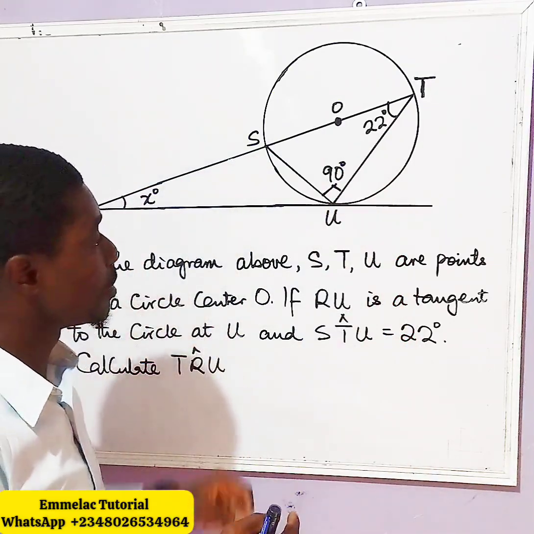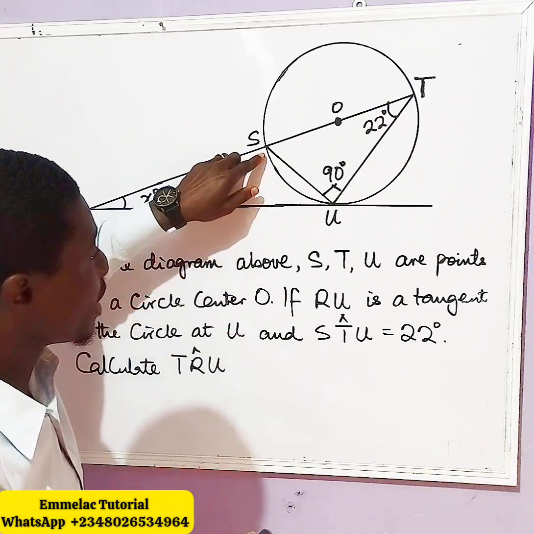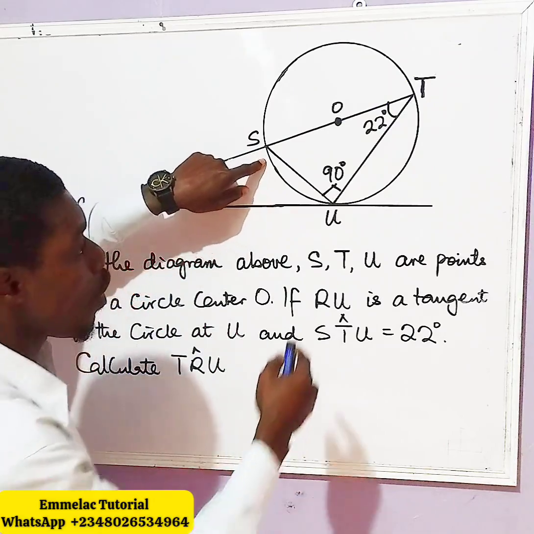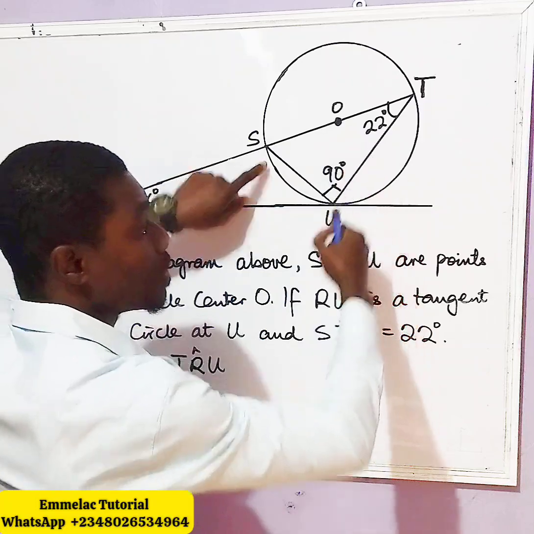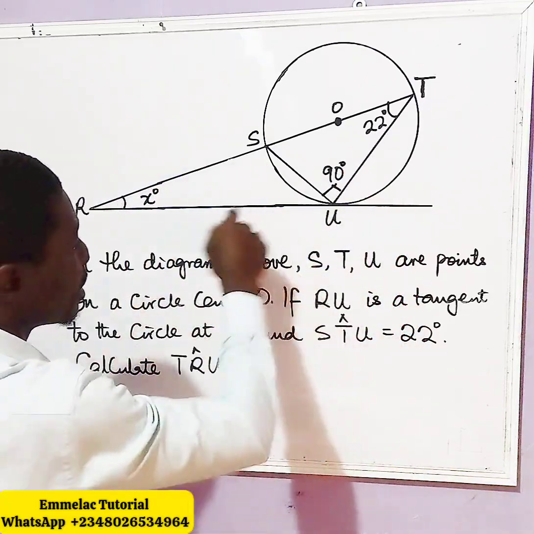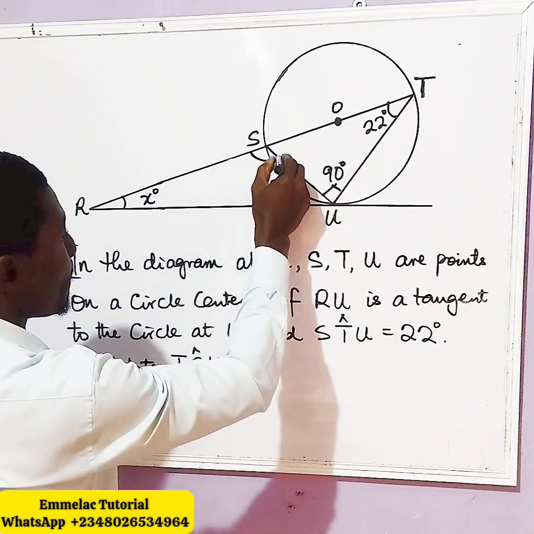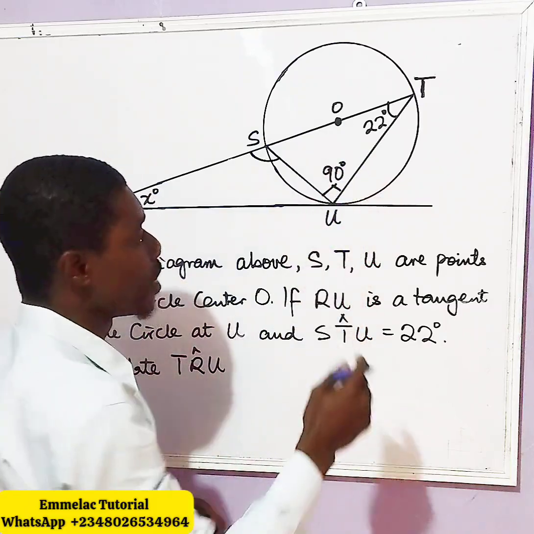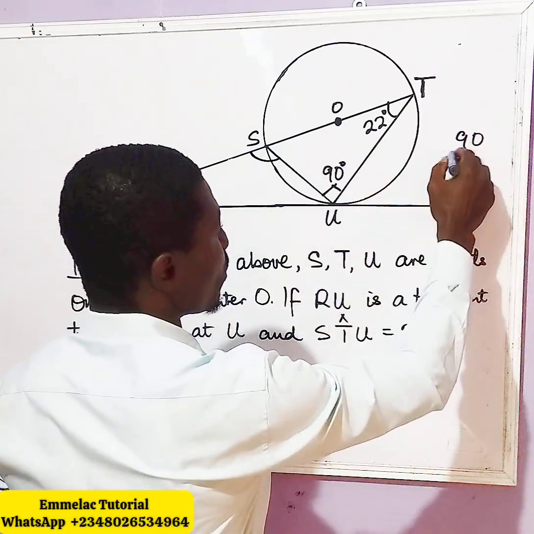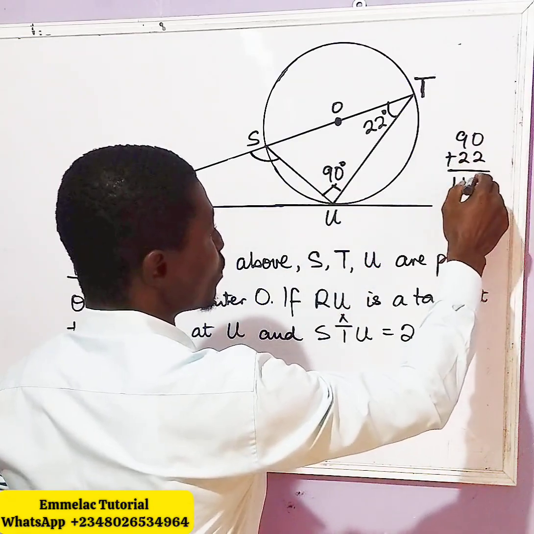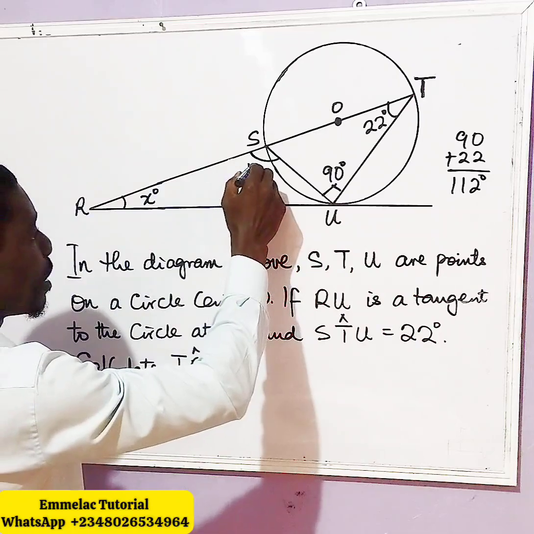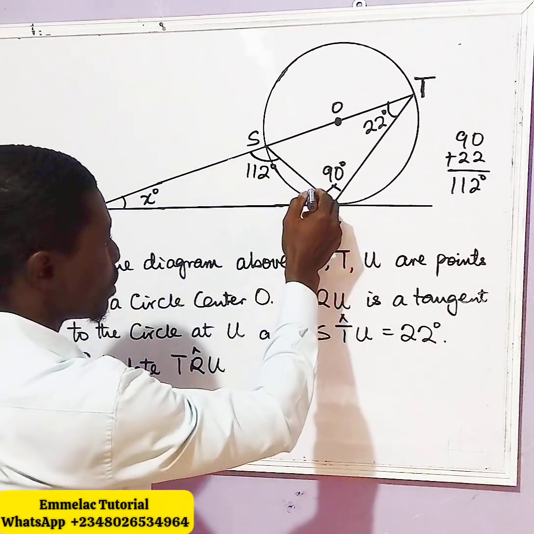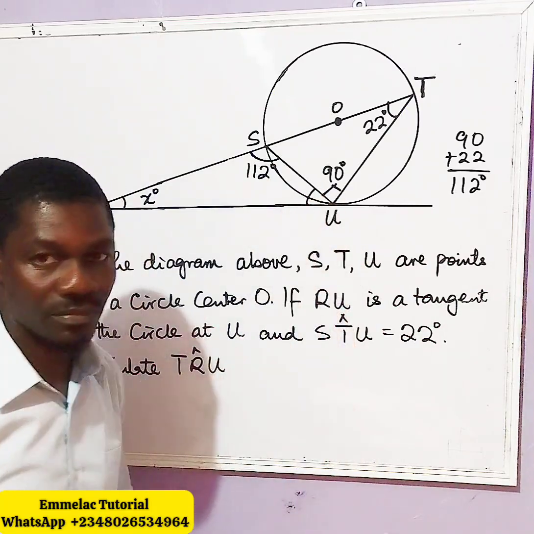This angle here is an external angle, which is the sum of these two opposite interior angles, which means the angle formed here will be the sum of 90 and 22. That is 90 plus 22, which gives us 102 degrees. So here is 102 degrees.